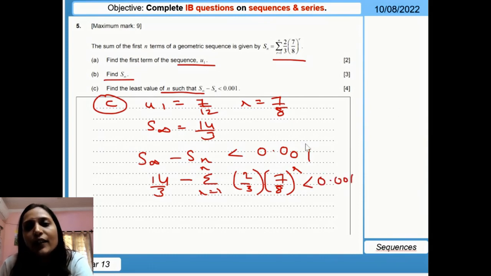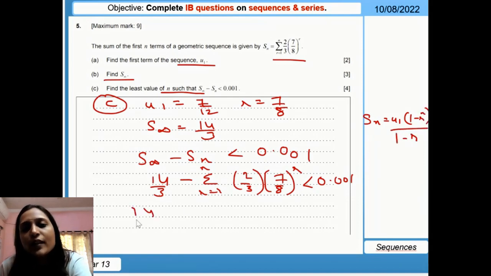Now we know that there is a formula for the sum of n terms of a finite geometric series, and the formula is given as Sn equals u1 into 1 minus r to the power n divided by 1 minus r.